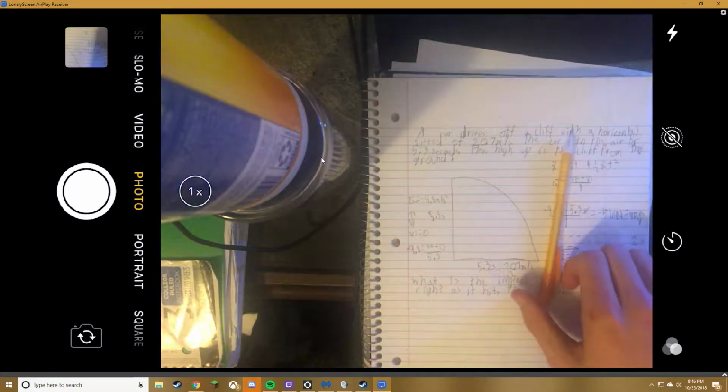This calculation right here may seem unnecessary. Sorry, my camera froze. Just give me a second. All right, there you go. I'll start back from where I remember. This calculation, negative 51.94 meters per second, may seem unnecessary, but on the second part of the equation, it will come in handy.